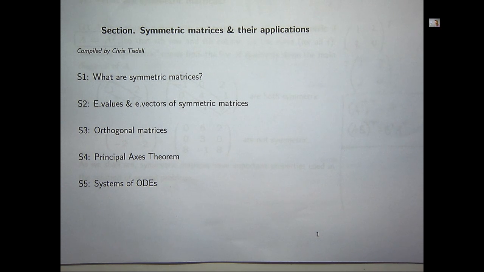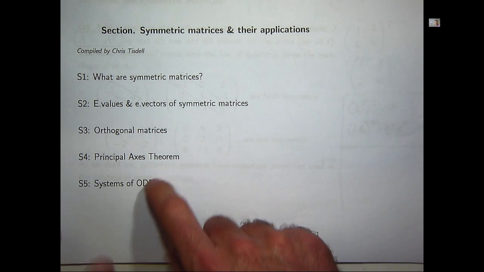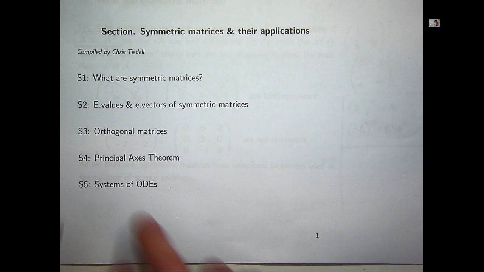Now, symmetric matrices have important properties and very, very nice, simple characteristics. And in particular, we're going to use the methods that we'll see today when we want to solve, for example, systems of ordinary differential equations.